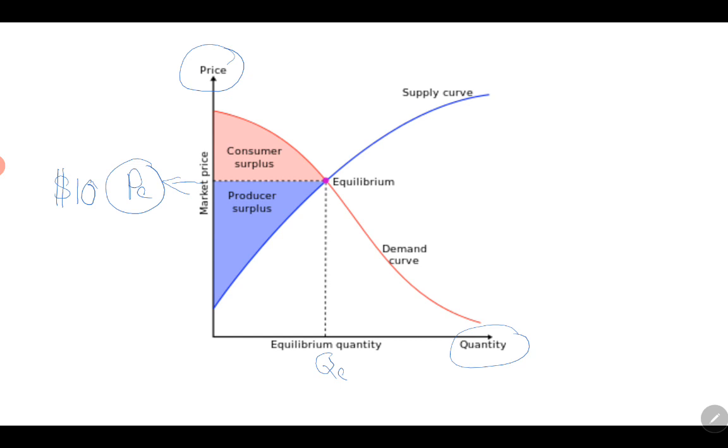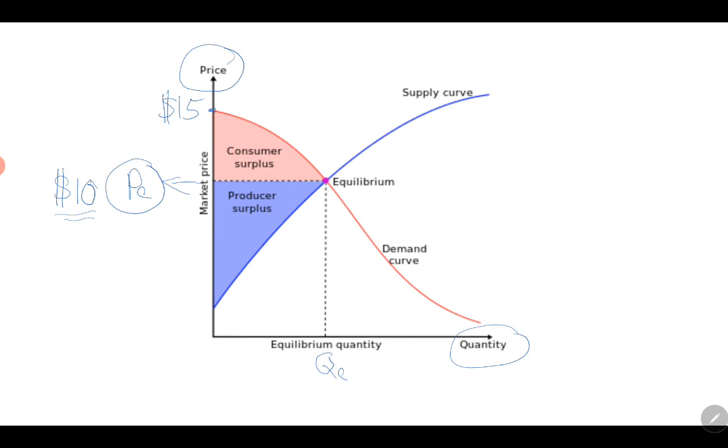For the consumer, they will have a certain level of ability to purchase, right? So the highest value that they are willing to pay for the book would be $15. So let's say a consumer is going to buy a book. He brings $15, but the market price for the book is only $10 because this is the equilibrium achieved in the market for that particular book.